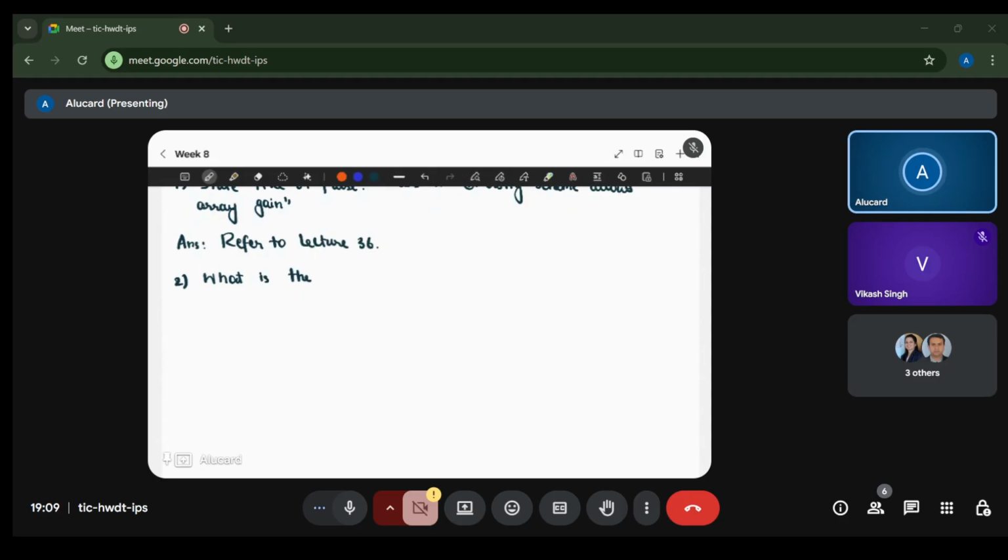Second question, what is the net degree of freedom for the Alamouti scheme for two transmit antennas?